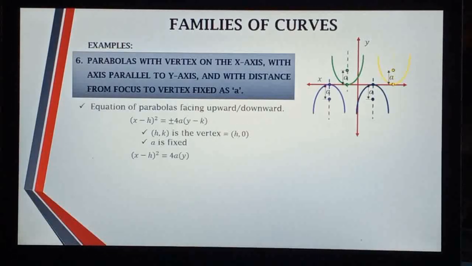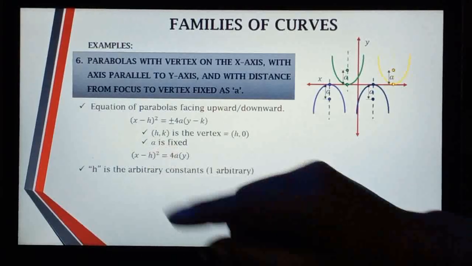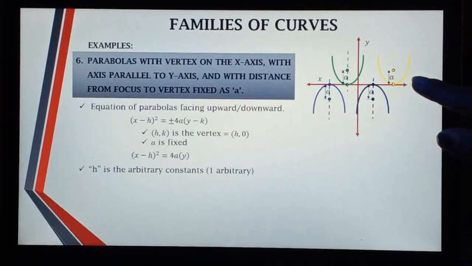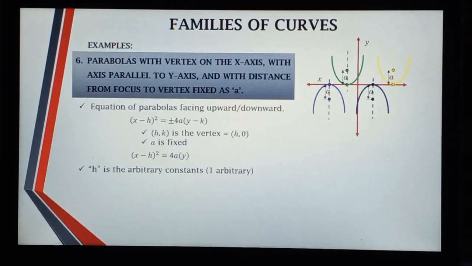So, our working equation now is the quantity of x minus h squared equals 4ay. In that working equation, h is considered as arbitrary constant. Bakit? Kasi a is said to be fixed. So, pag fixed yung value, hindi siya considered as arbitrary constant. But h is changing since pwede siyang mag-lie anywhere under the x-axis.